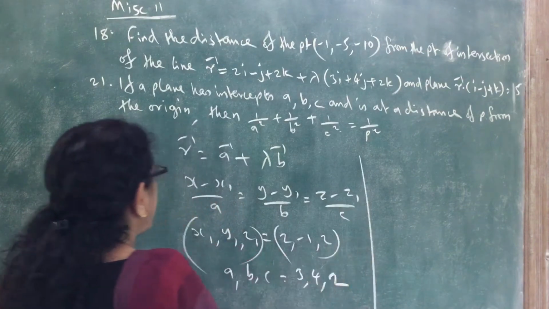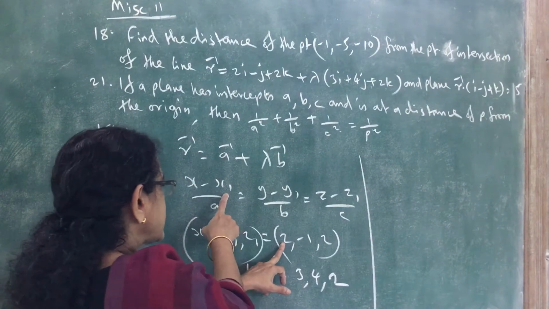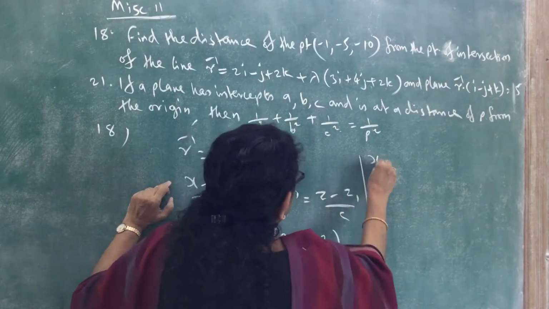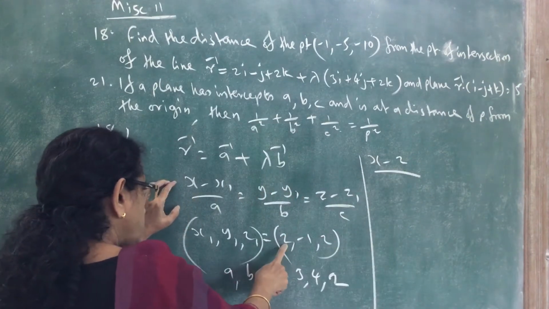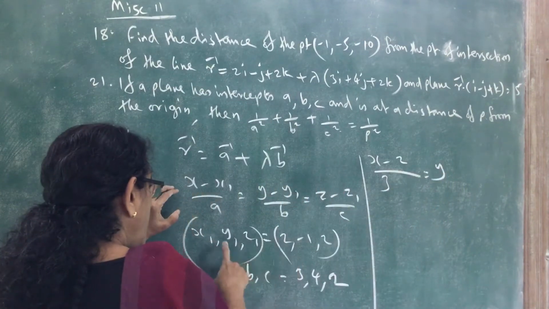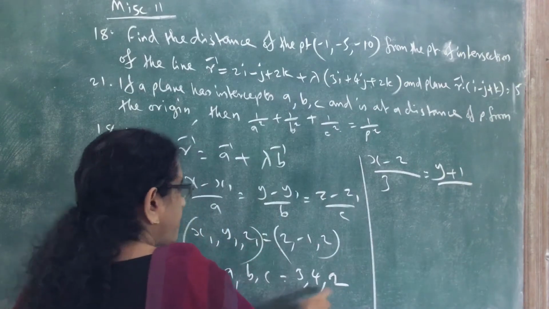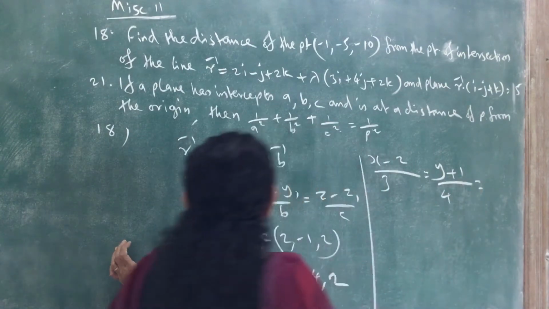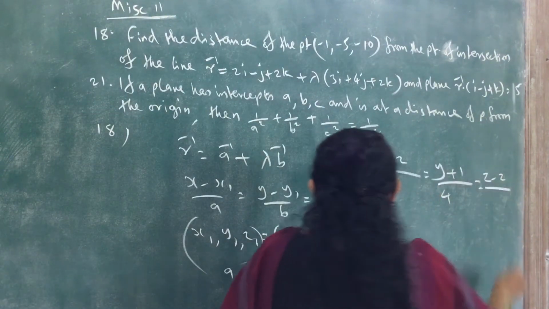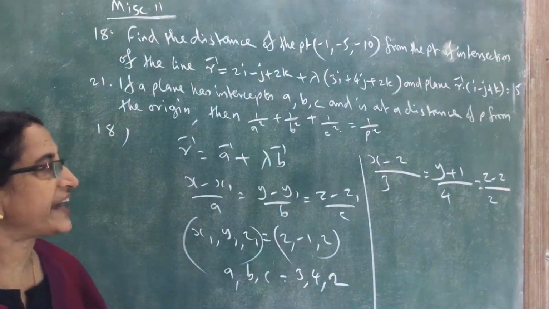So we substitute x1, y1, z1 and a, b, c: (x minus 2)/3 equals (y plus 1)/4, since y1 is minus 1, equals (z minus 2)/2, since z1 is 2. So that is the equation of the line in Cartesian form.